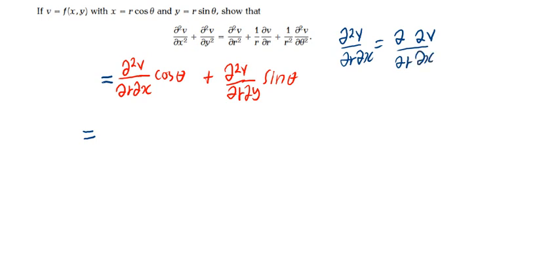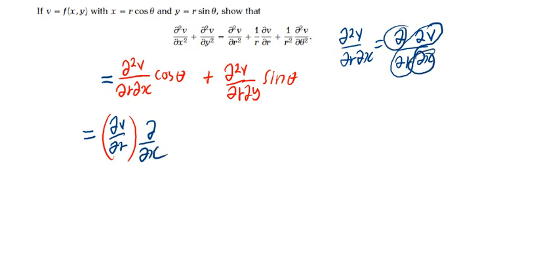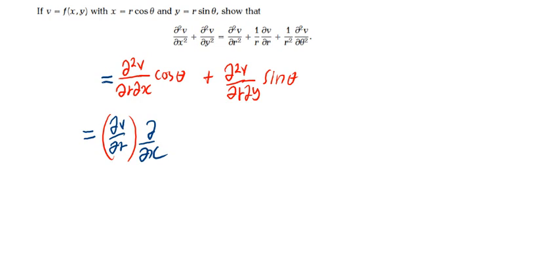But you know what your partial of v with respect to r is, so you can bring it here and say, I have my partial of v with respect to r, and I'm going to put this into brackets. Then what is going to remain is partial of x, which is this one and this one here. So this step is very, very critical and very important.